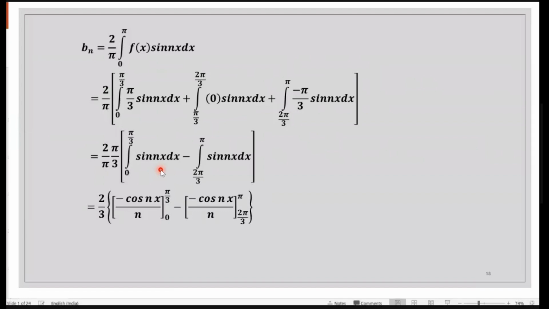Apply the upper limit and lower limit: x equal to pi by 3 and x equal to 0 in the first one, and then x equal to pi and x equal to 2 pi by 3 in the second one.